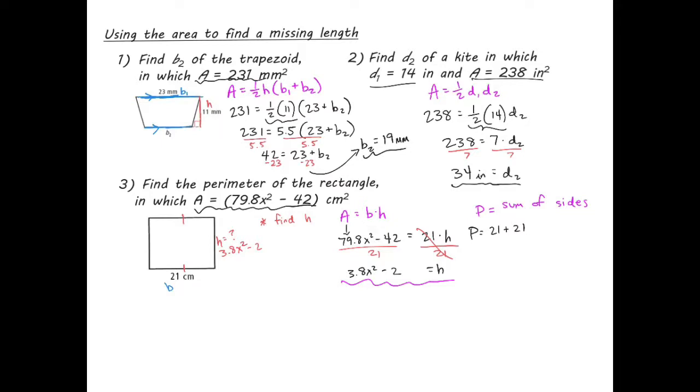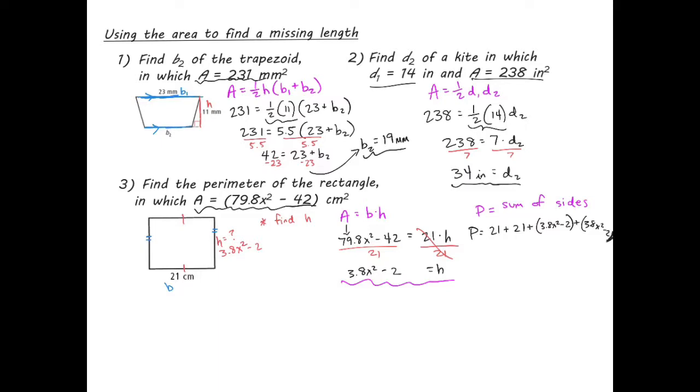And since it's a rectangle, since the height is 3.8 blah blah blah on that side, then the other side is congruent to it. So I'm going to have a 3.8 x squared minus 2 and another 3.8 x squared minus 2. That's supposed to be a parenthesis over there, if you can see that.